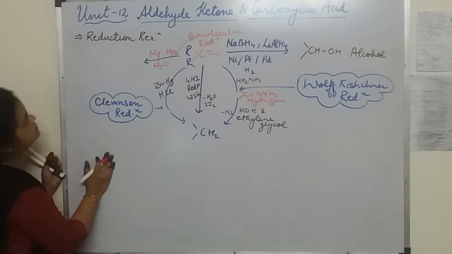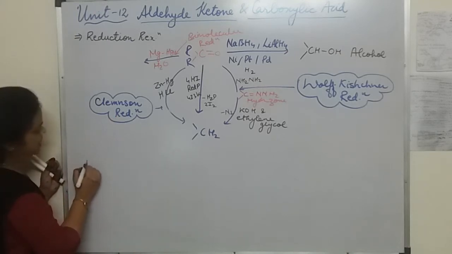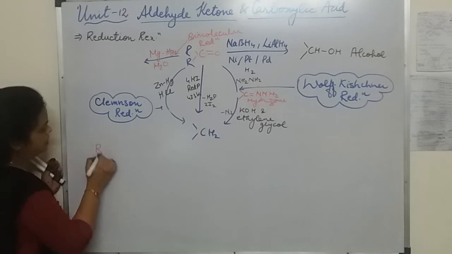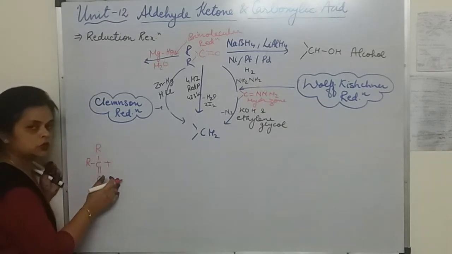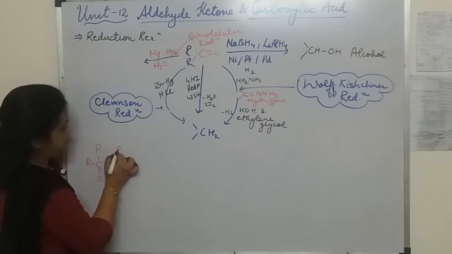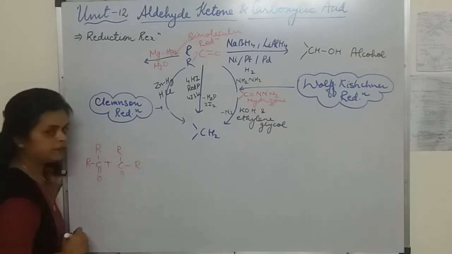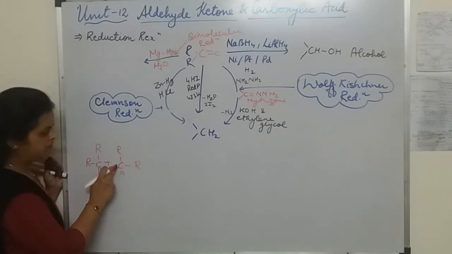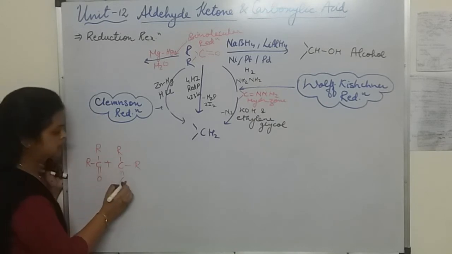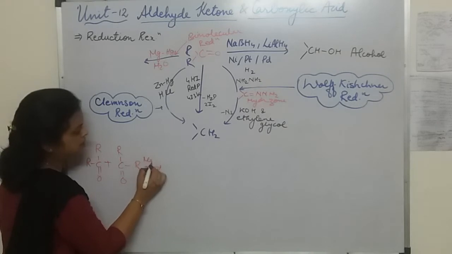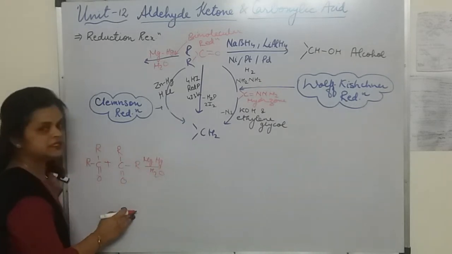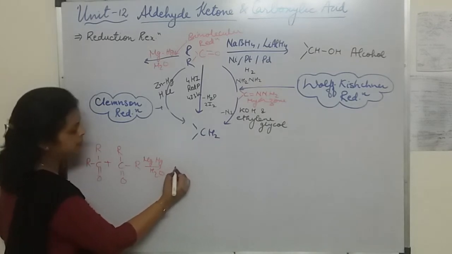See students, I am just showing you here R-CO-R. Now two molecules of the ketone, in the same way you just write them. Now this double bond will break and one valency of carbon and oxygen will get free and in presence of magnesium amalgam and water they will form the pinacol.